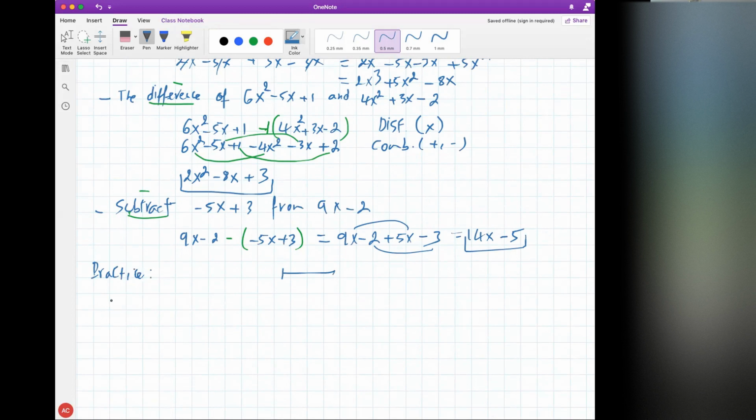So first one, basically I give you a couple of polynomials.